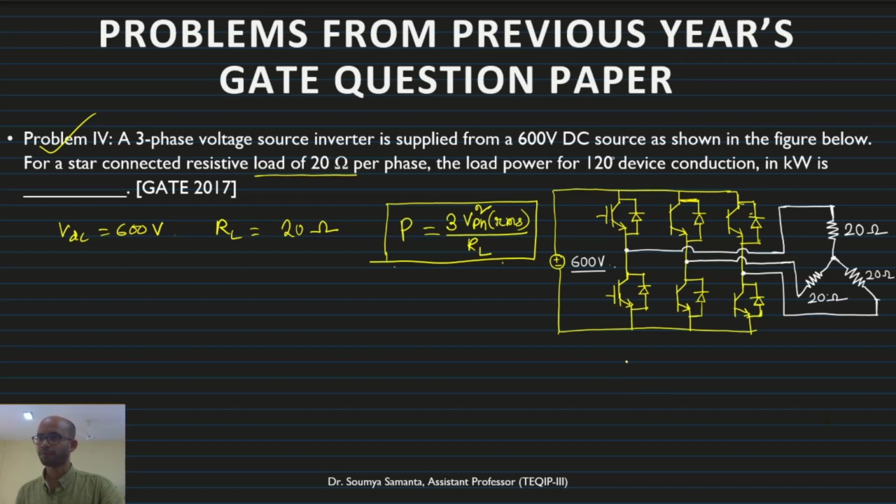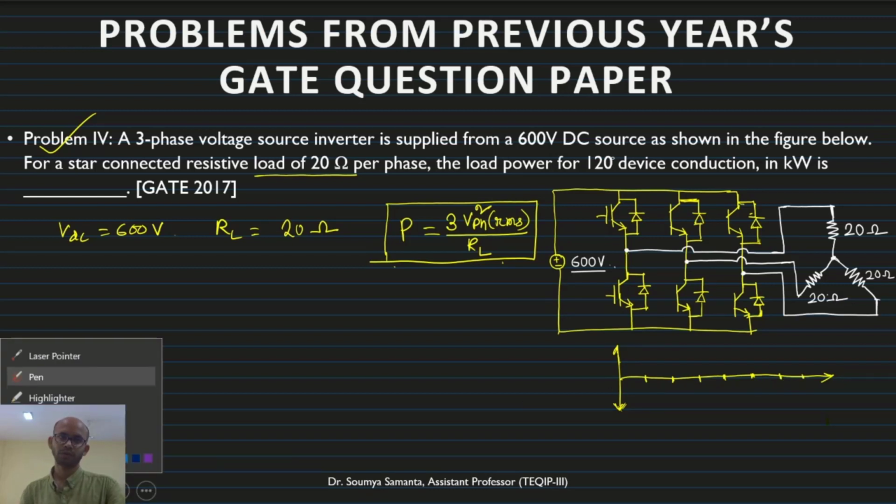Now if I go ahead with this waveform, as far as I can remember, the phase voltage waveform was like our pole voltage waveform. So what was the pole voltage waveform? Suppose 60, 120, 180, 240, 300, 360.